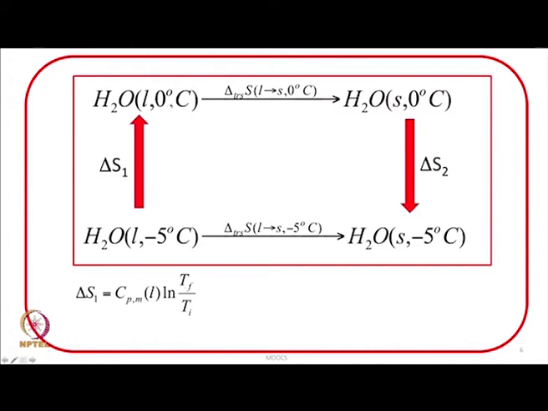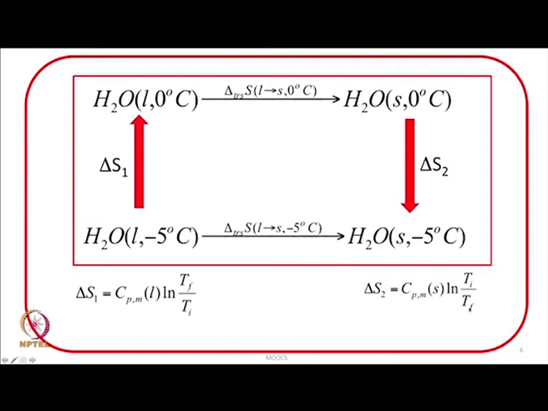Final here is this freezing. This F here means freezing point. T initial we will substitute later as minus 5 degrees Celsius. Similarly, delta S2 will be heat capacity of solid into log, here T final is actually Ti which is minus 5 because this is the final state, and initial state is Tf.